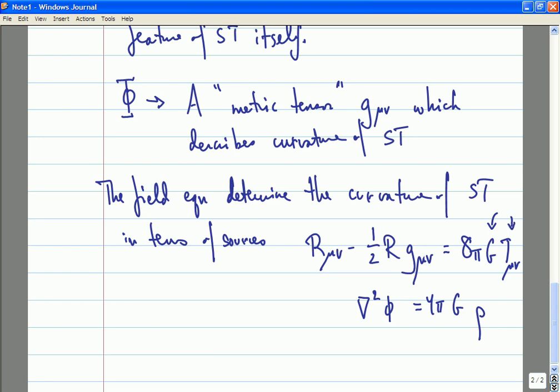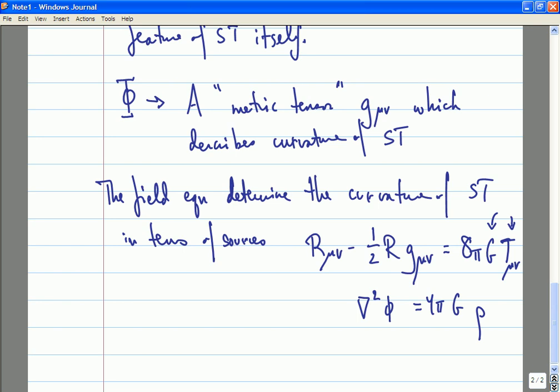Now, in relativity, of course, you know that mass and energy are the same thing. So this quantity that I've called T mu nu, that sits on the right-hand side of the equation of motion, will tell you not just about the amount of matter that's present, the amount of mass that's present, but also the amount of energy that's present, and also the amount of momentum that's present.